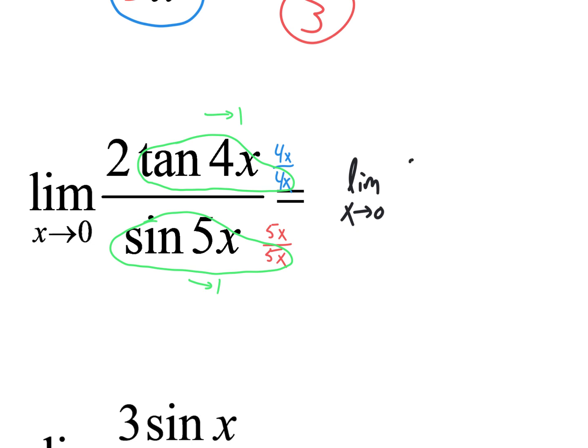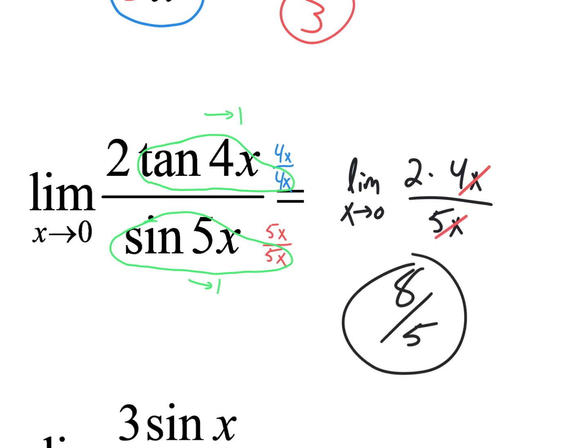So I've got 2 times, I still have that residual 4x left over right here, over 5x. Again, I still have this residual 5x over here. Now I can't just directly plug in 0 because I'd get 0 over 0. However, these x's would negate each other. So I have 2 times 4 all over 5. This thing evaluates to 8/5.